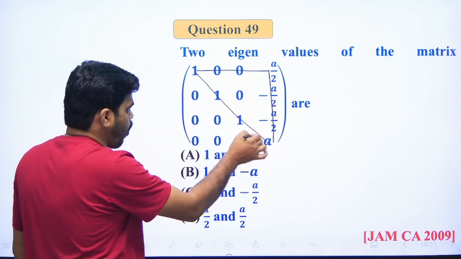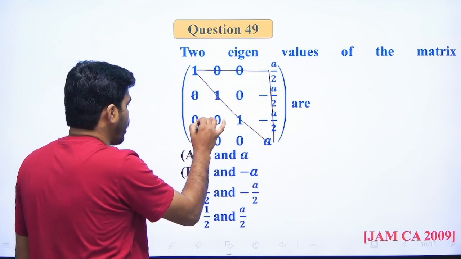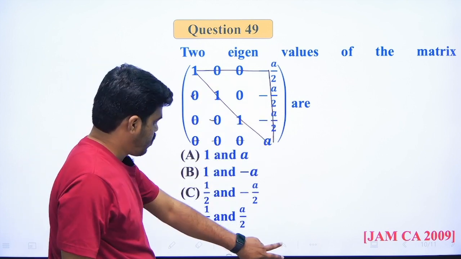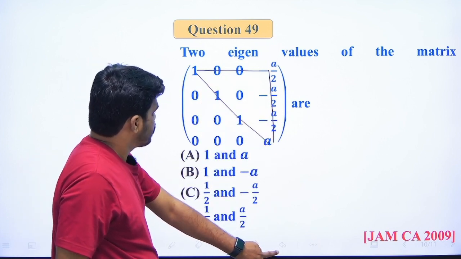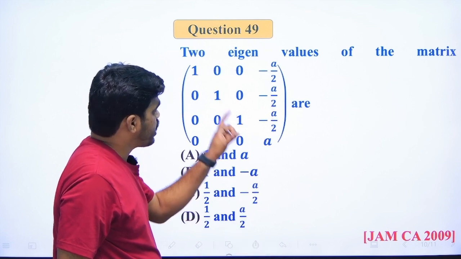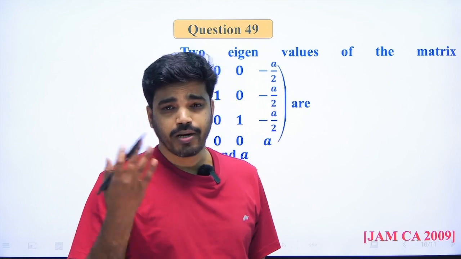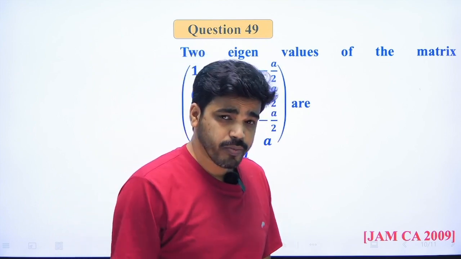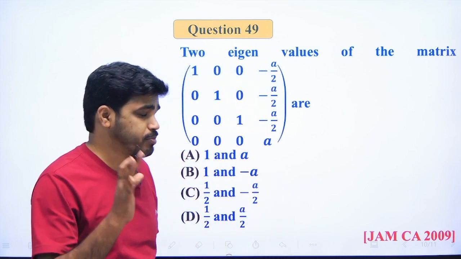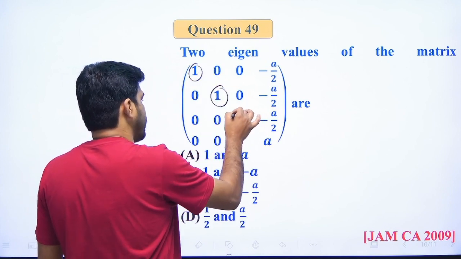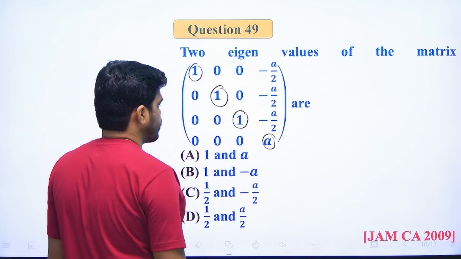All the elements below the diagonal are 0, so this is an upper triangular matrix. So what are the eigenvalues? We know that if a matrix is an upper triangular matrix or lower triangular matrix or diagonal matrix, whatever may be, the eigenvalues are its diagonal elements, right?